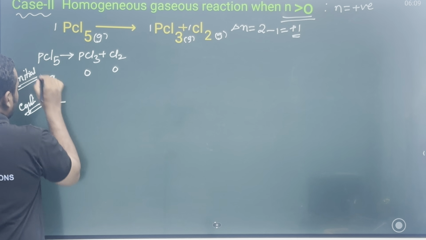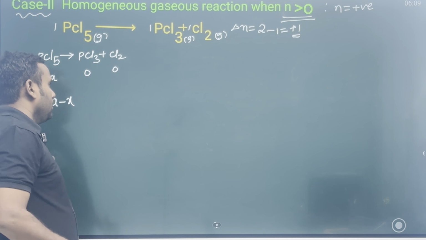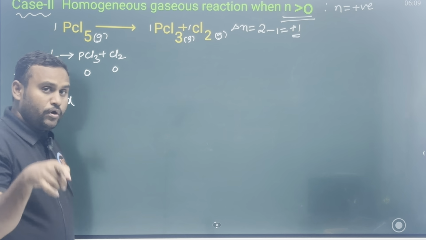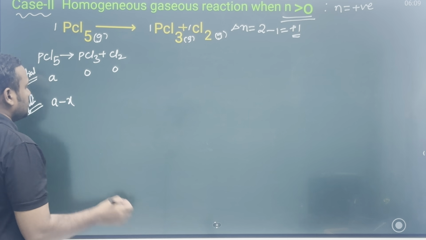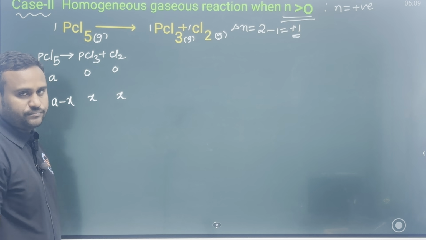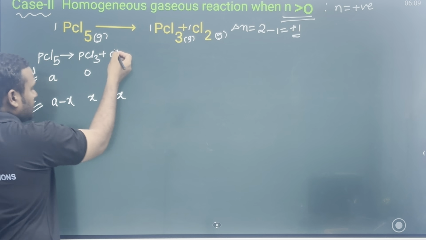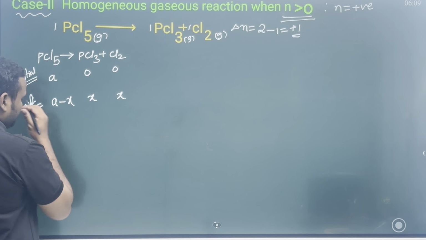A minus stoichiometric coefficient 1 only is there, that's why A minus x, and some amount of product is going to be formed, means the concentration of product is going to increase. So that we are going to consider as x and also x. Okay, right. Why? Because here also stoichiometric coefficients are 1 only.